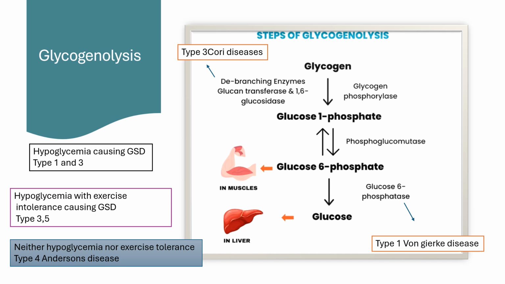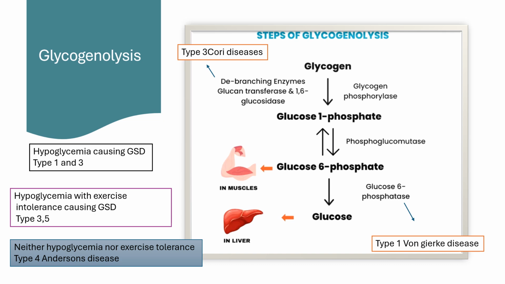So guys, you need to remember, if this glucose 6 phosphatase enzyme is deficient, we can't normally produce glucose, so we'll end up with hypoglycemia, and also exercise intolerance, a failure to do exercise.